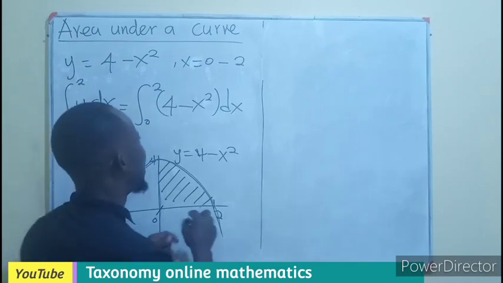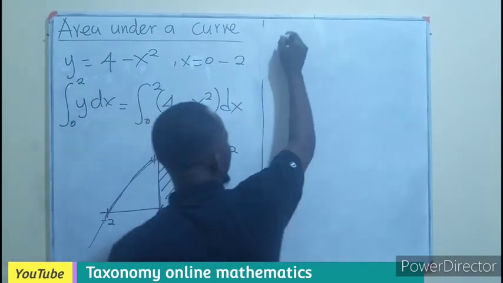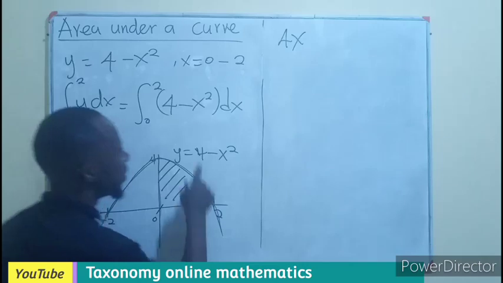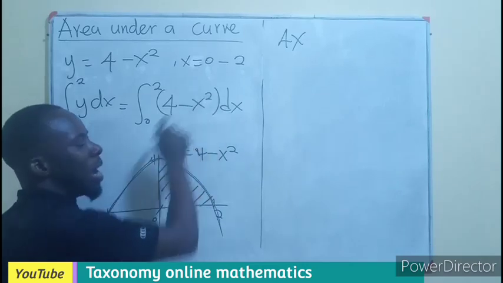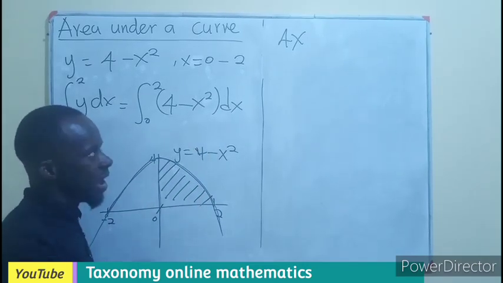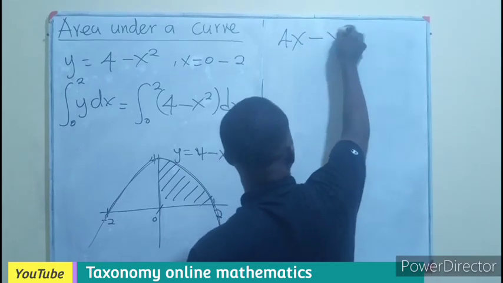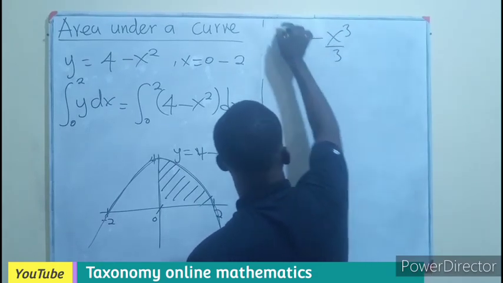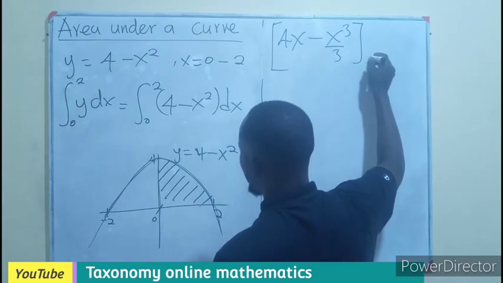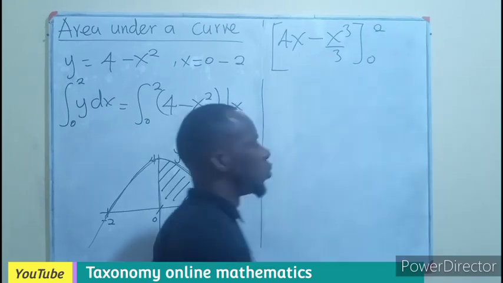This is going to be, we will increase here by the variable x, increase this power by 1 to become 3, we divide by that. So minus x to the power 3 over 3 from 0 to 2.